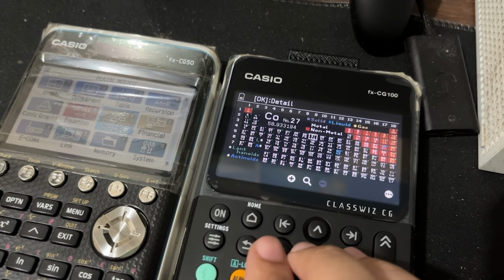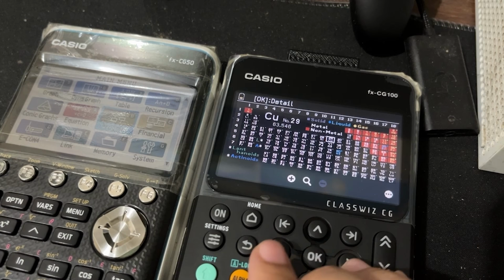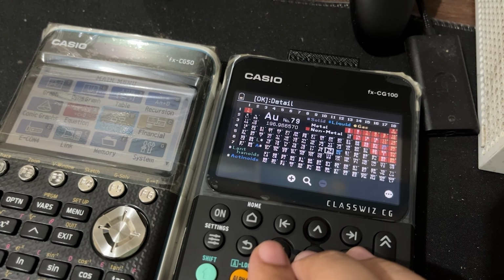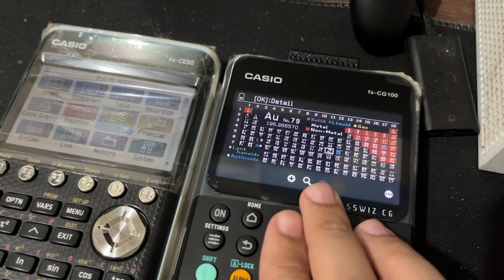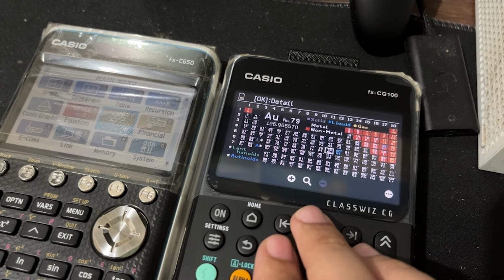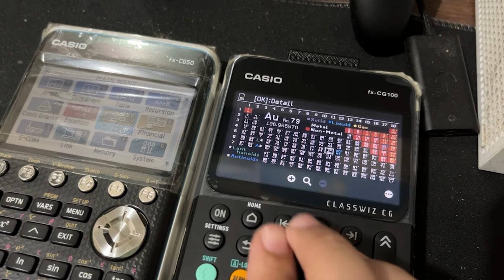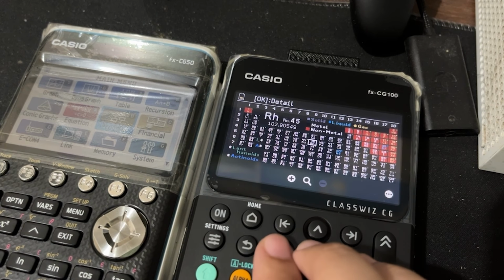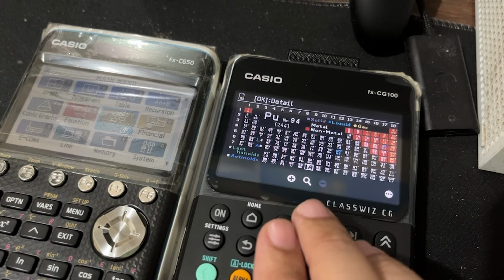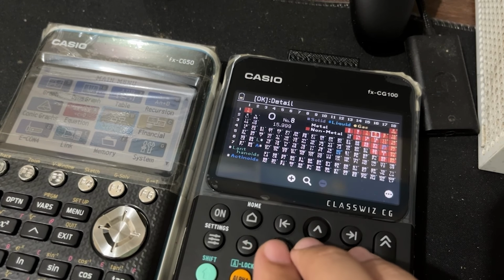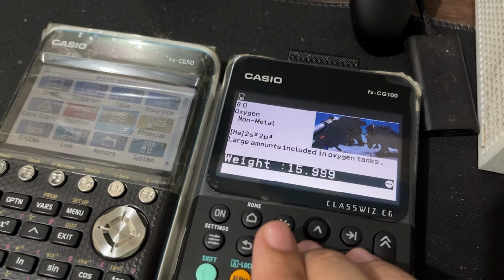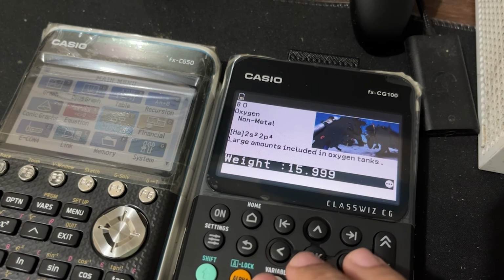This one is the most interesting. If you need this for science, like a chemistry course, for example, if you click oxygen, non-metal, it's a gas.